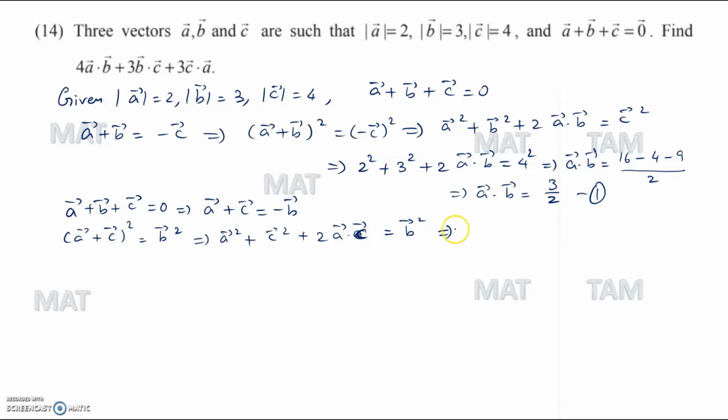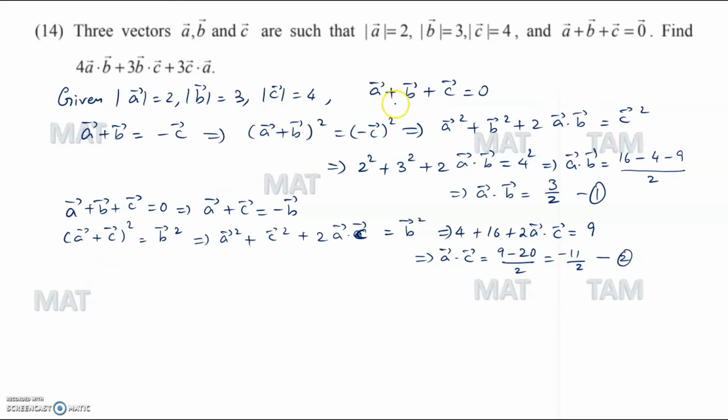So further, we can rewrite this as substituting the values of A squared, which is 4, plus C squared is 16, plus 2 times of A dot C is equal to B squared is 9. Further, we can say A dot C is equal to 9 minus 20 divided by 2, which is equal to minus 11 by 2.